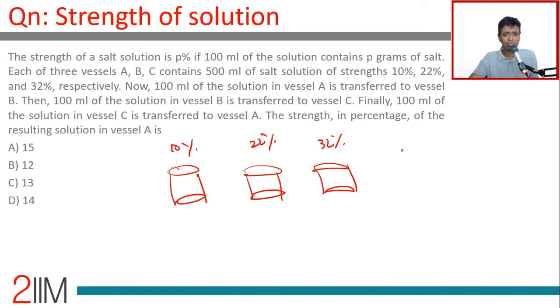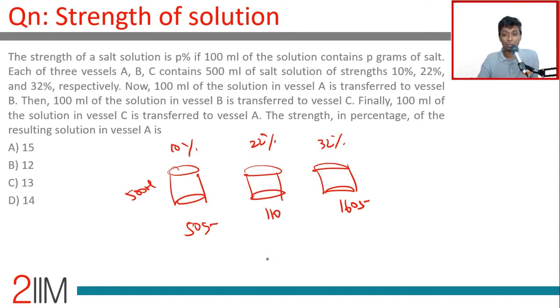So if this is p%, then 100 ml of solution contains p grams of salt. This is 500 ml. So 50 grams of salt, 22 into 5, 110 grams of salt, 160 grams of salt.